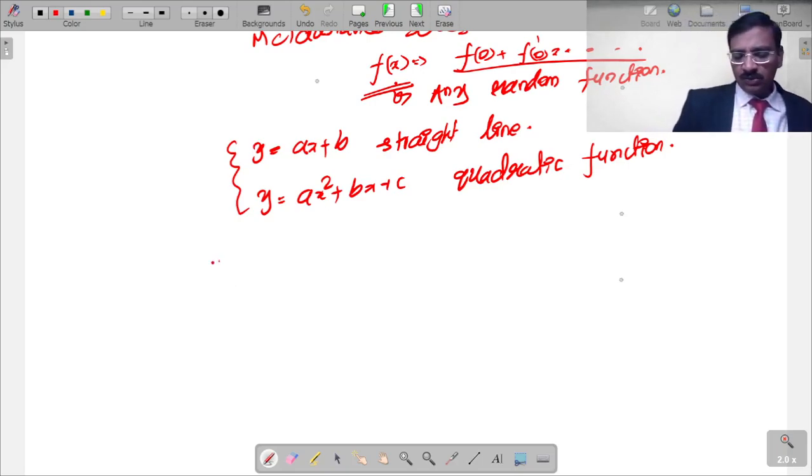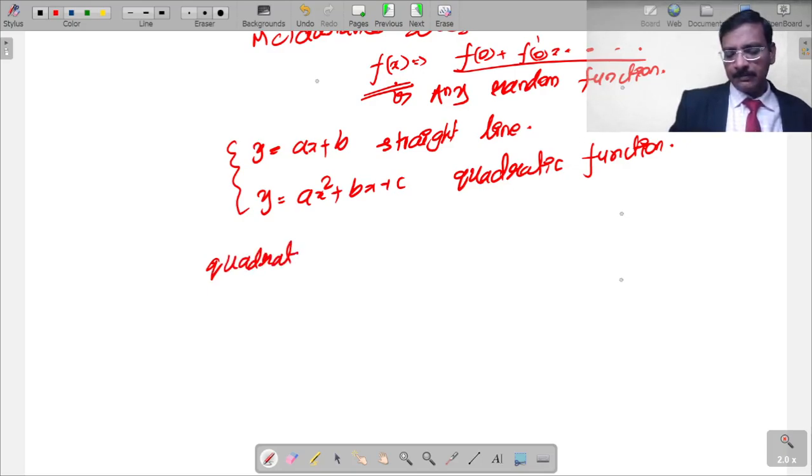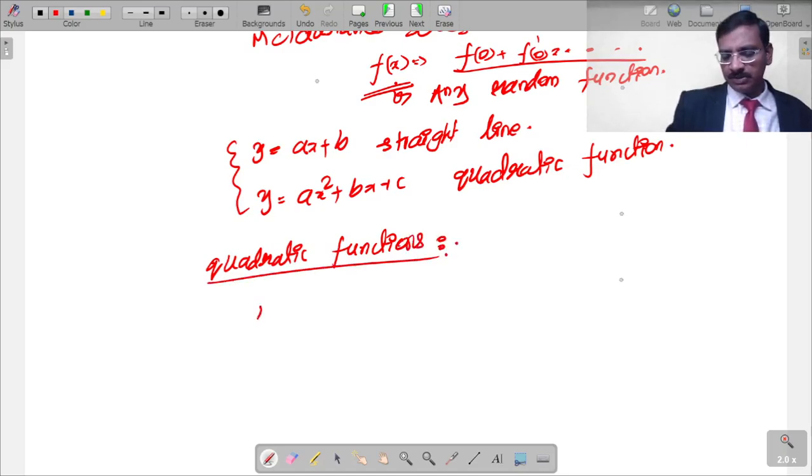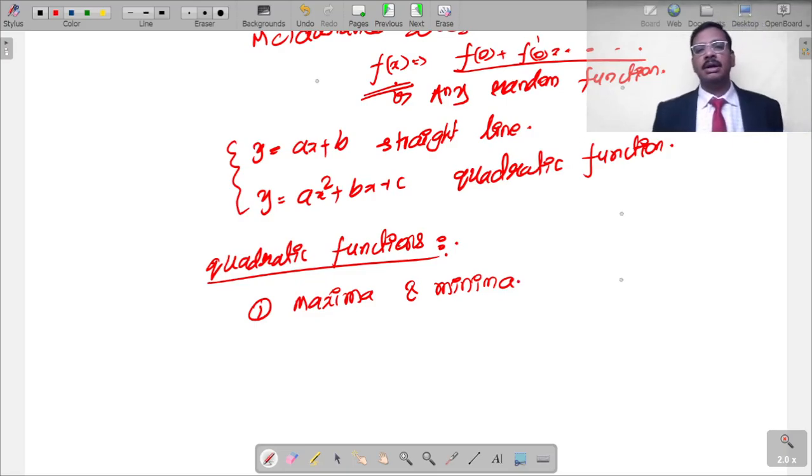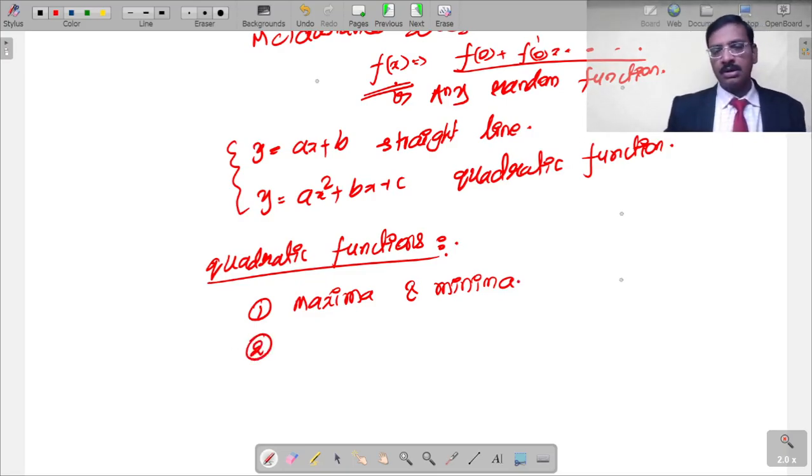So in the quadratic functions, we have 3 different subtopics. One is maxima and minima. The second one is graphs of quadratic functions.